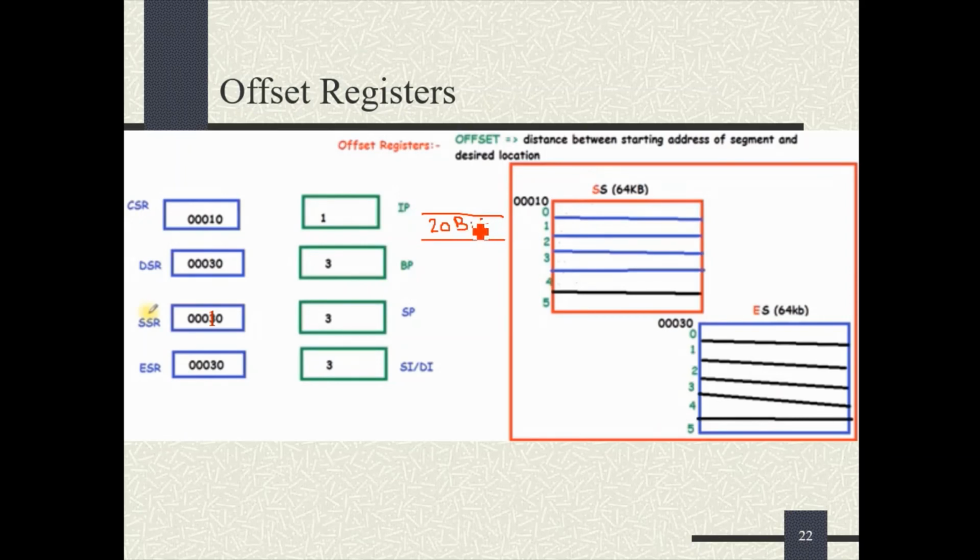So how we would translate both of these 16-bit chunks into the 20-bit address, this we would cover in the next lecture of translation of logical address into the physical address.